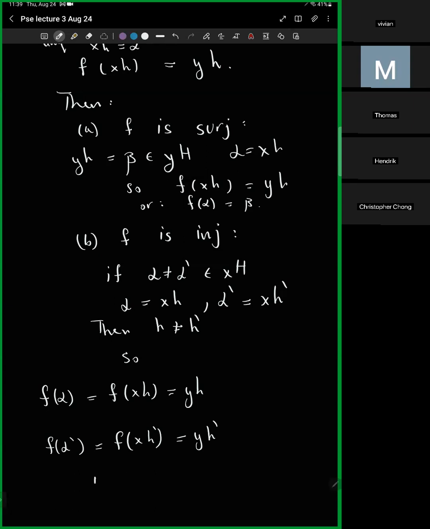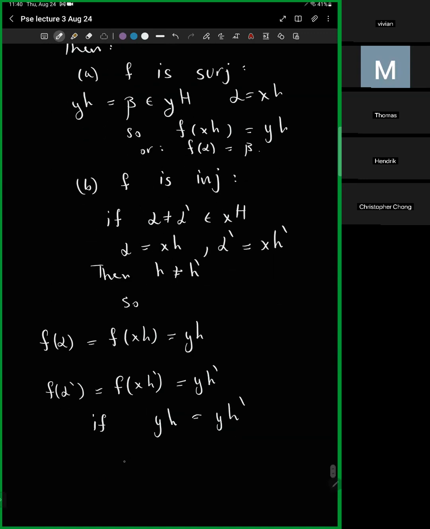And of course, yh cannot be equal to yh prime, because if they were equal, I could multiply by y minus 1 on the left, and I get h equal to h prime. And that's a contradiction.